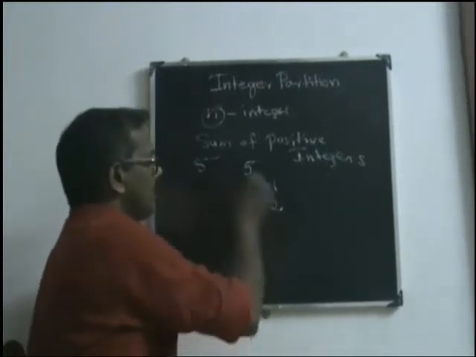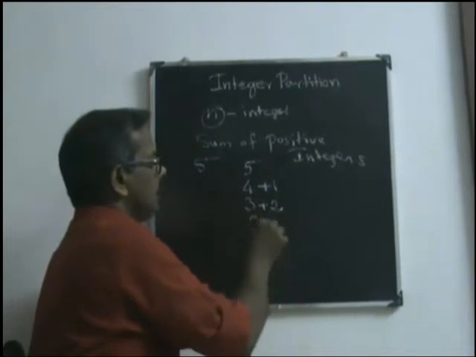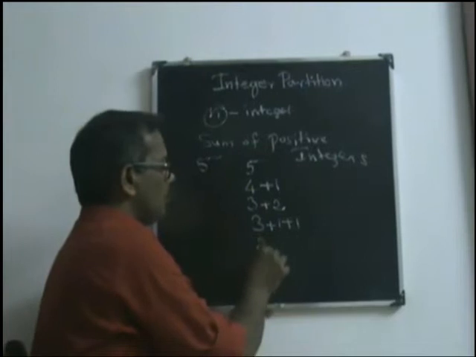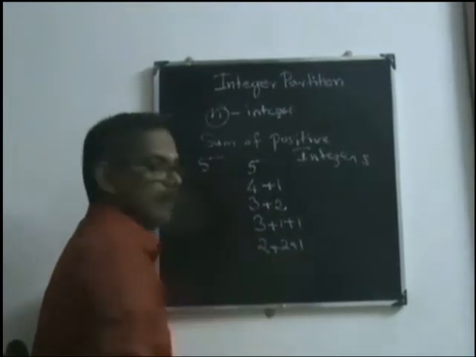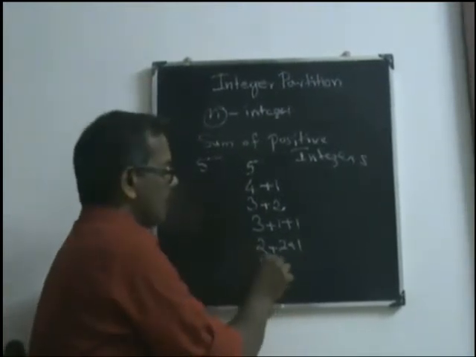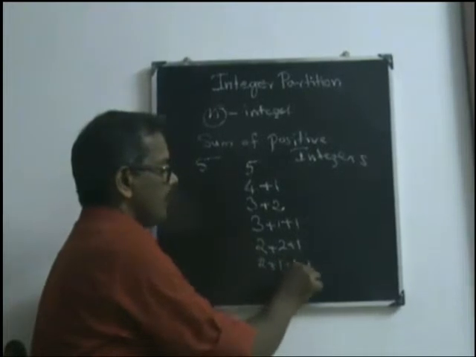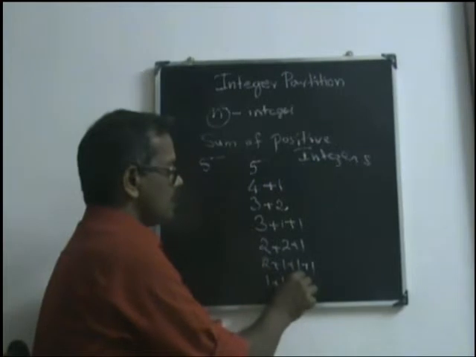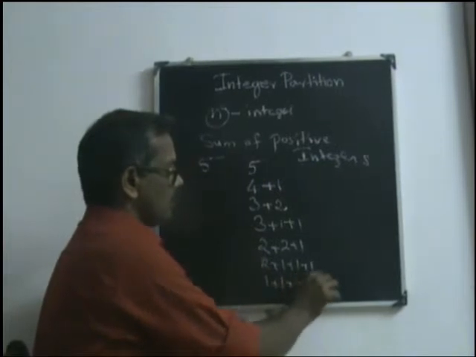Similarly we can write this as 3 plus 1 plus 1. Otherwise we can write 2 plus 2 plus 1. Then we can write 2 plus 1 plus 1 plus 1. Or we can write 1 plus 1 plus 1 plus 1 plus 1.